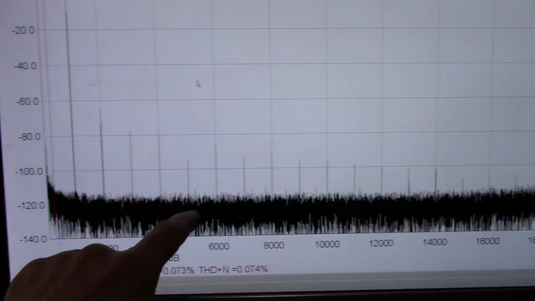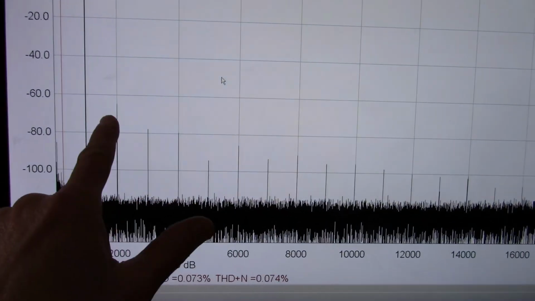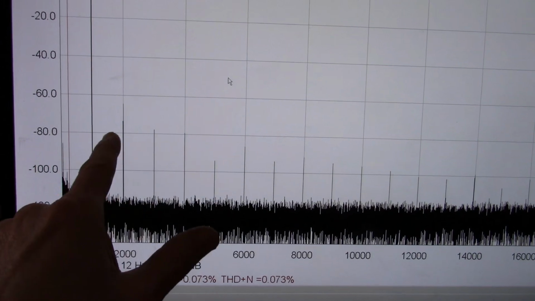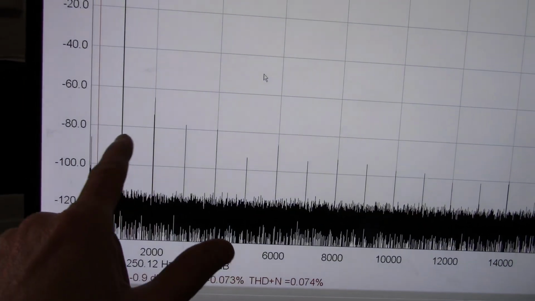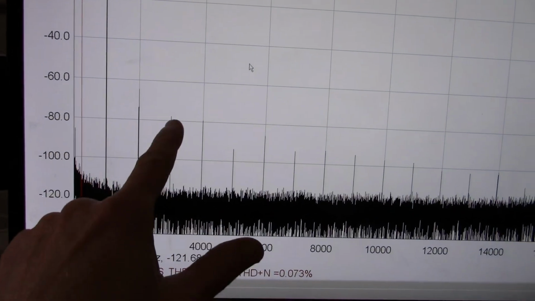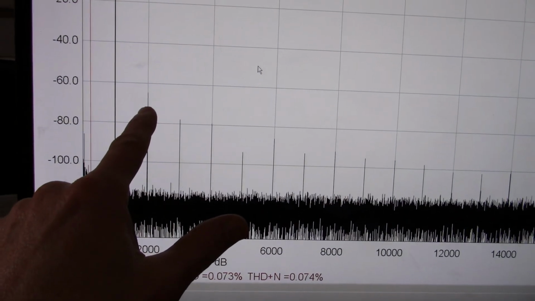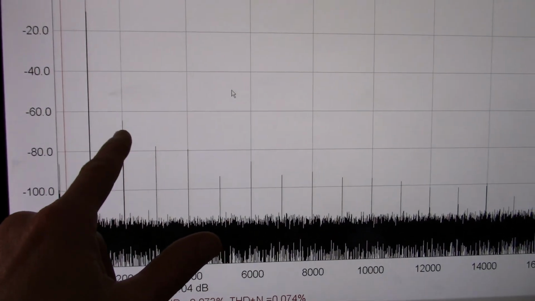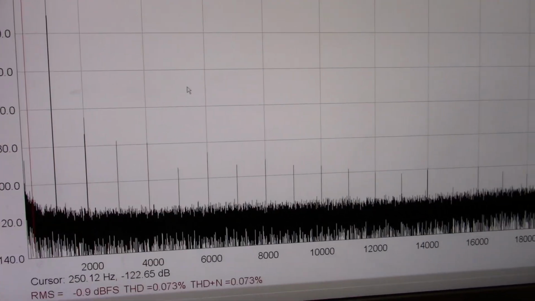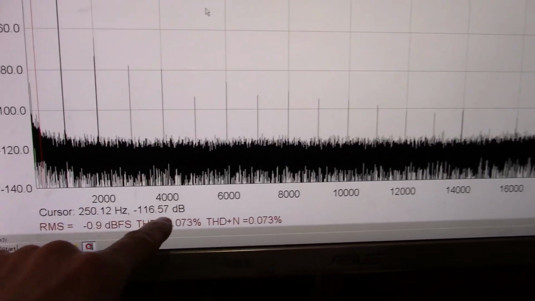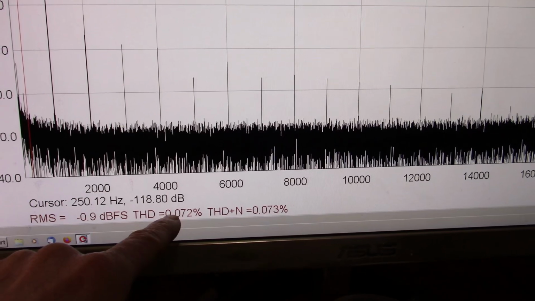They're very low except for these first 3 here, which are around -80. This one's up higher, not quite to -60. So yeah, same as expected.